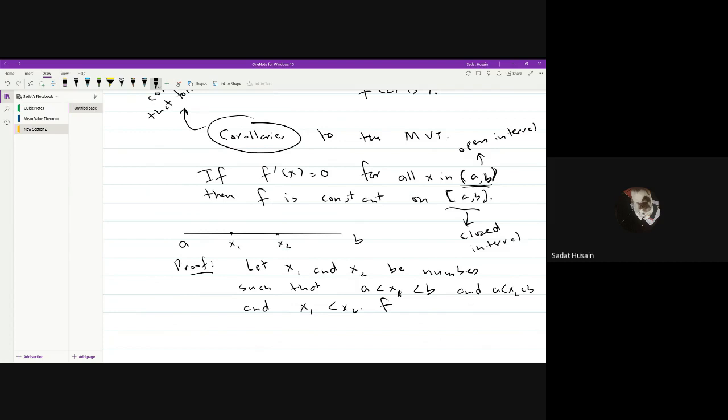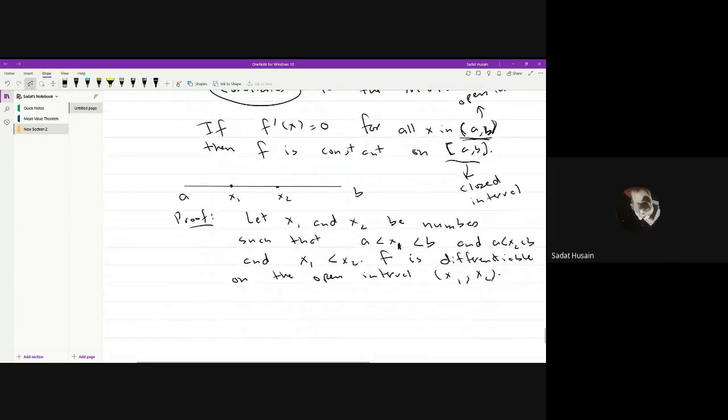Remember, f is differentiable in the open interval a comma b, so f is differentiable on the open interval x1 comma x2, because if it is differentiable in the whole interval then it is differentiable in this smaller part, right? And f is continuous on x1 comma x2.